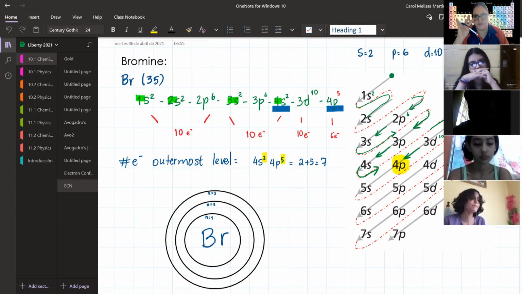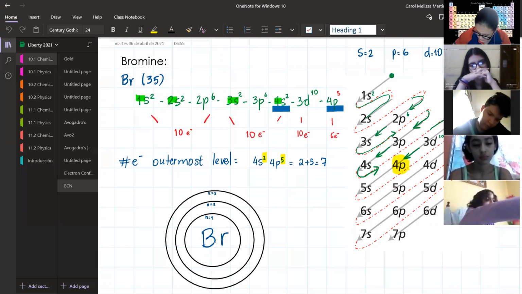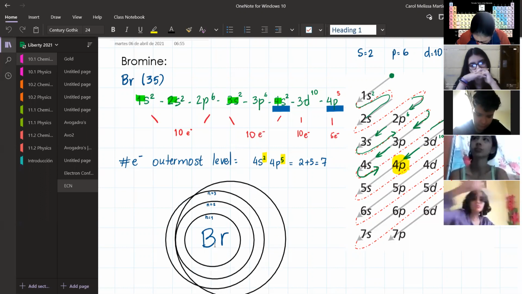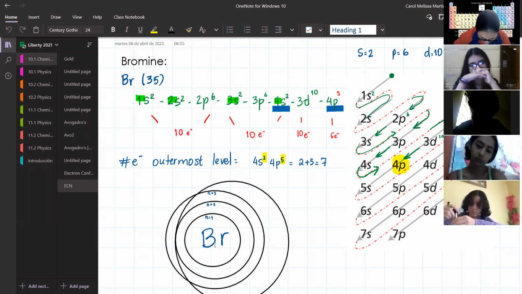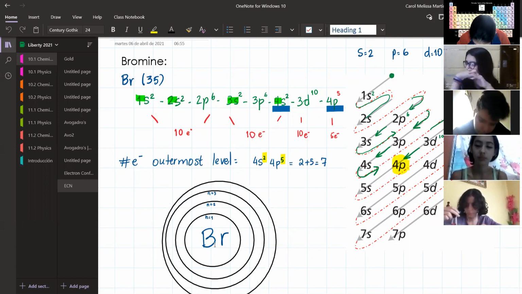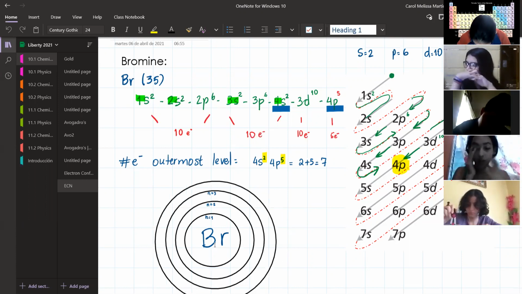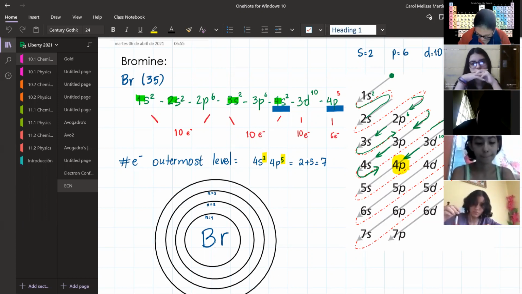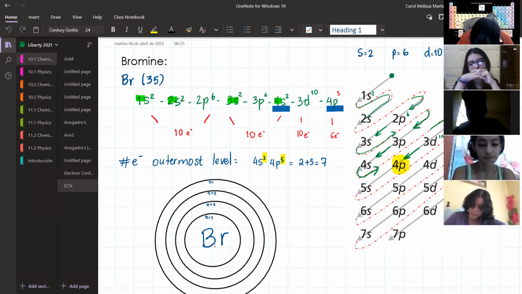So that means that we need 4 rings. I need one more ring to do. So this represents the quantum number 4.